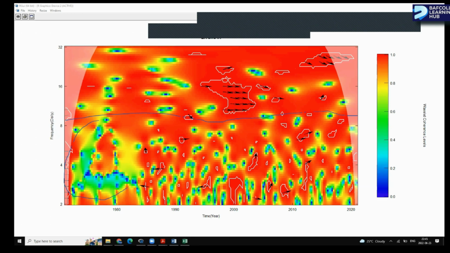This blue and green, best yellow means weak coherences. So blue is 0 all the way to about 0.7. They are not really strong, and you see here, between 1972 all the way to 1990, the relationship between exchange rate and IR is quite weak.